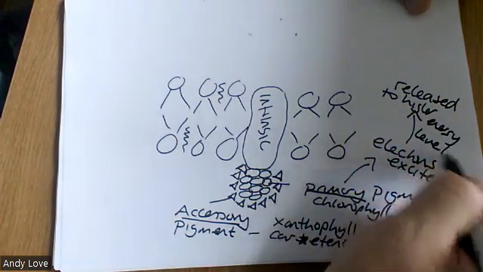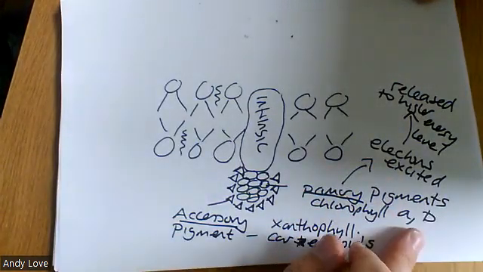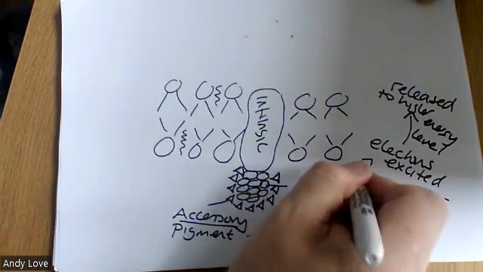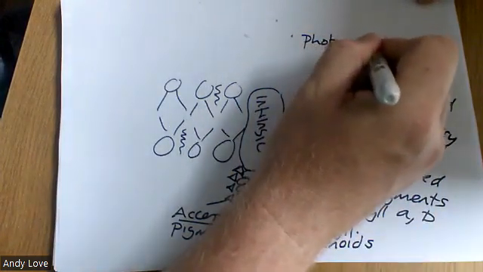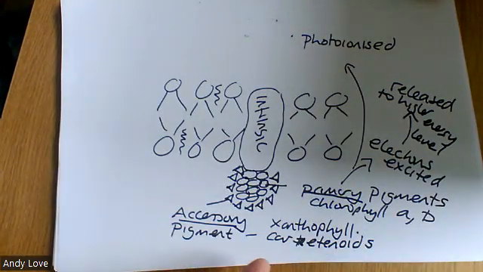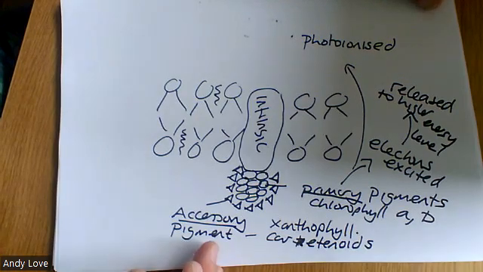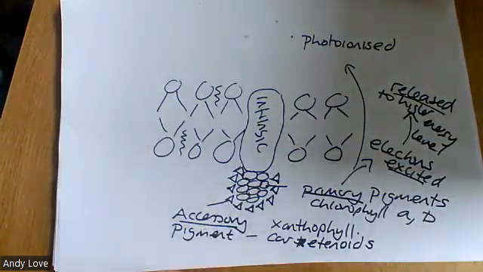And because the electrons are leaving the primary pigment, it is photoionized. So how would you photoionize a primary pigment? Shine light of the right wavelength on it, and those electrons will get excited and then be released. Please use both those terms.